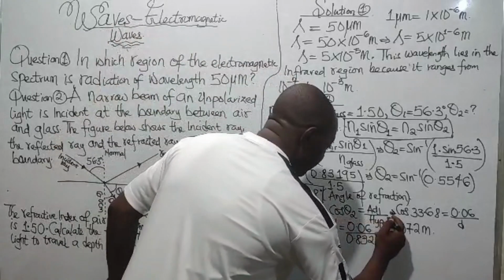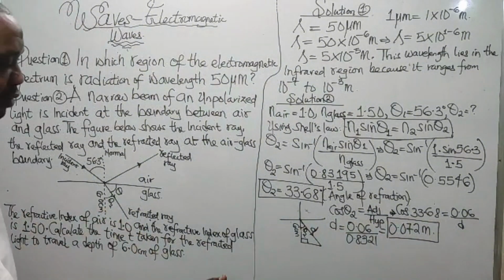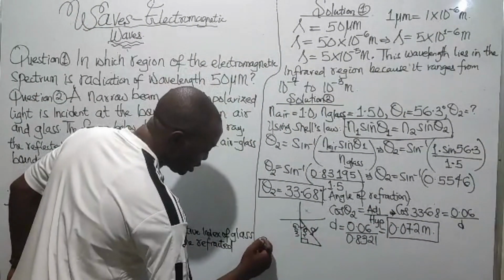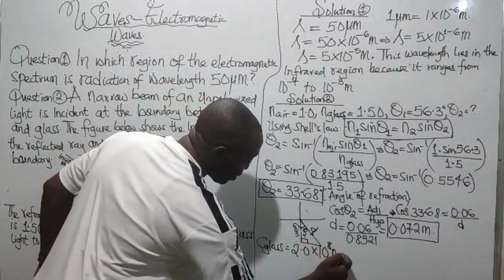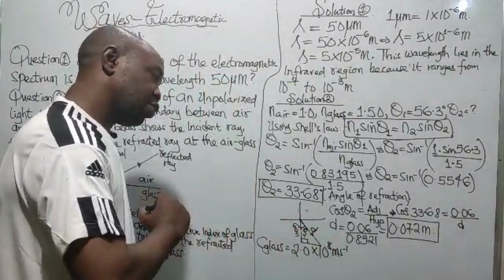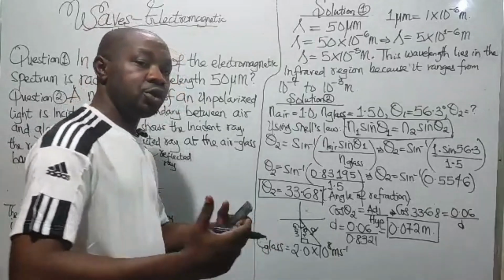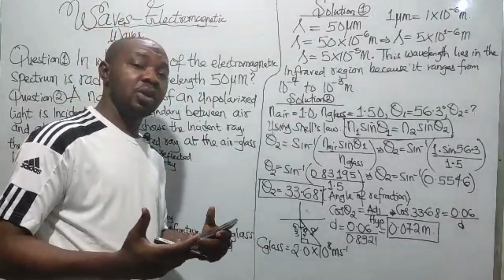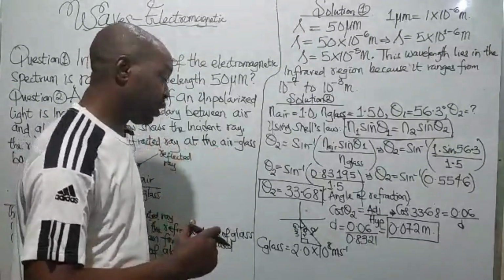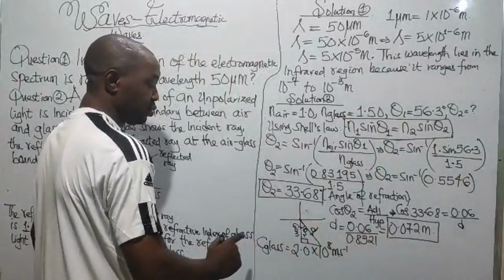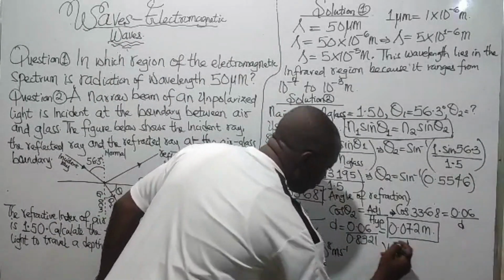Now we have the distance traveled by the refracted ray. We know the velocity of glass is 2.0 times 10 raised to the power of 8 meters per second. We did that in the previous video. To calculate the time taken, we use the formula from uniform motion: velocity is distance over time, so v equals d over t.